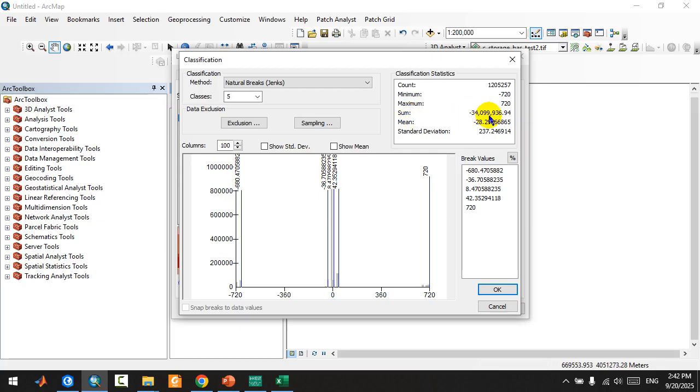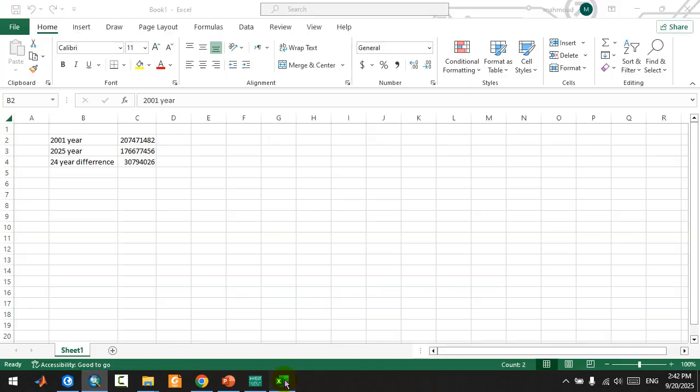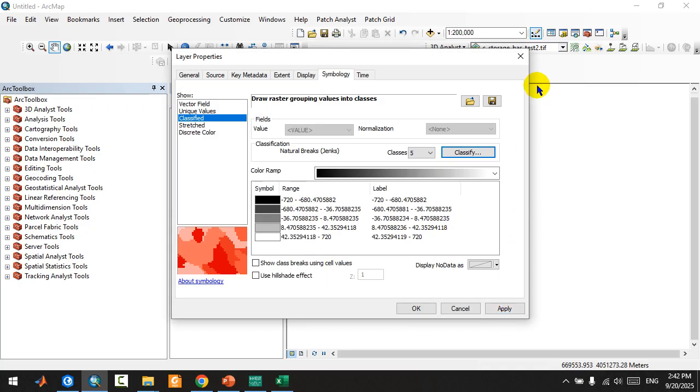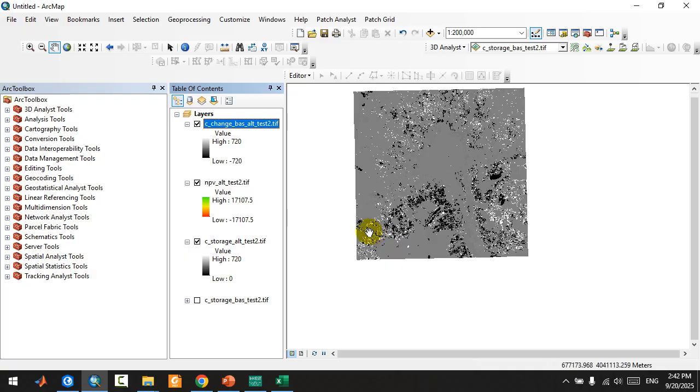In this sum, near to this, okay, 13 million and 34 million, and the difference in carbon storage in the 24-year period.